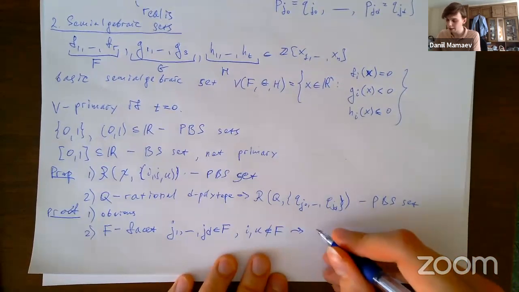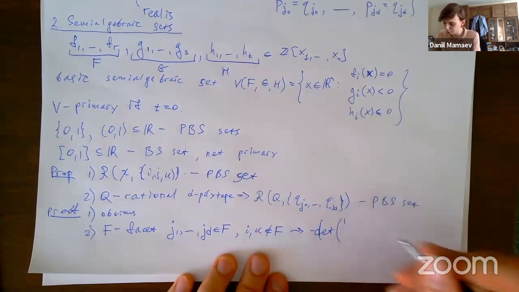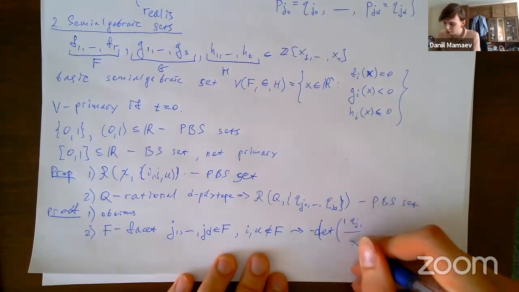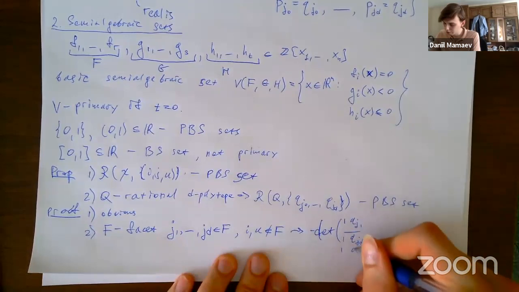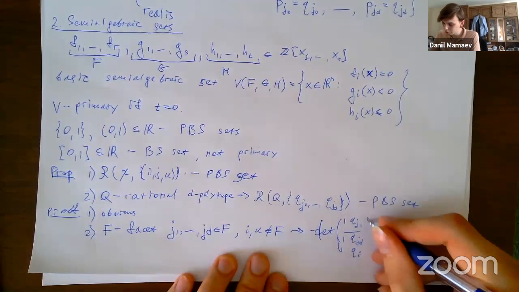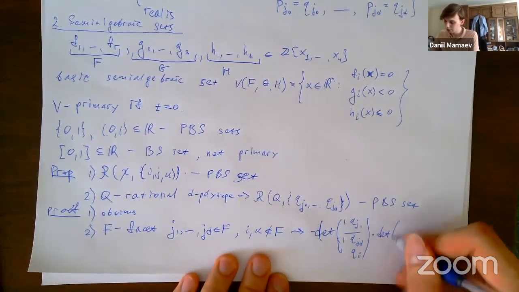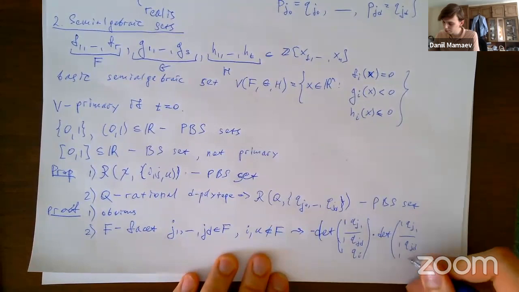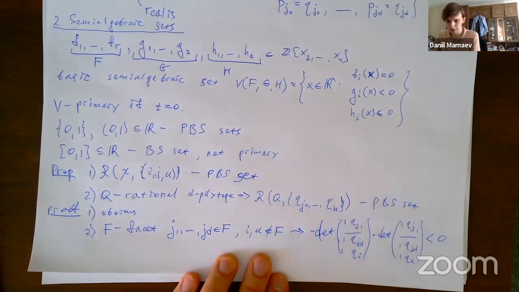So it means that, let me write it, minus determinant of 1, then coordinates of q_{j1}, and so on, coordinates of q_{jd}, coordinates of q_i. You compute this determinant, then you compute this determinant, and it should be less than 0.